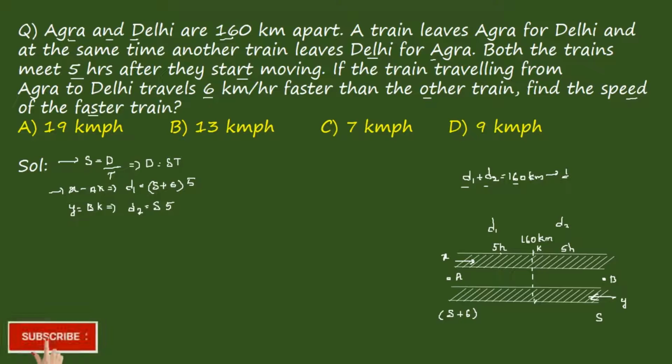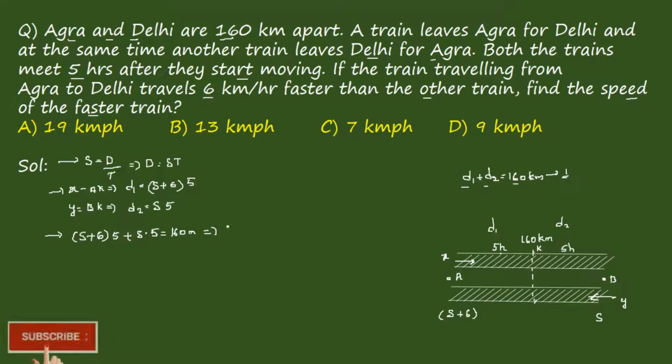But we know that D1 plus D2 is equal to 160. We have the D1 and D2 values, so we can find the speed. Just substitute these two in equation 1. It becomes (S plus 6) into 5 plus S into 5 is equal to 160. 5 can be taken common, and you can divide by 160.